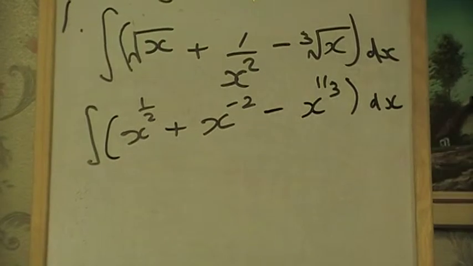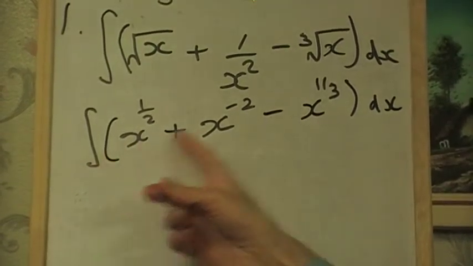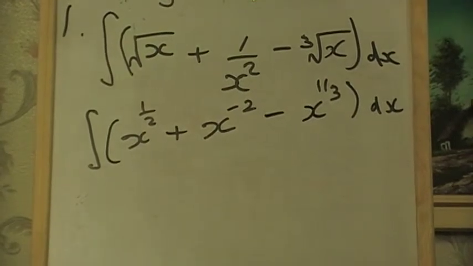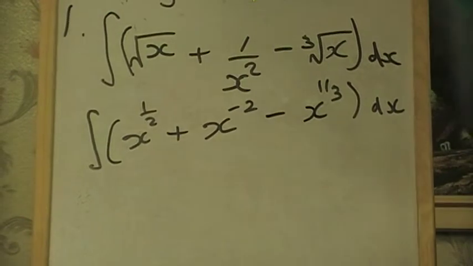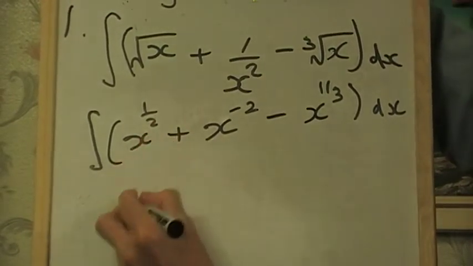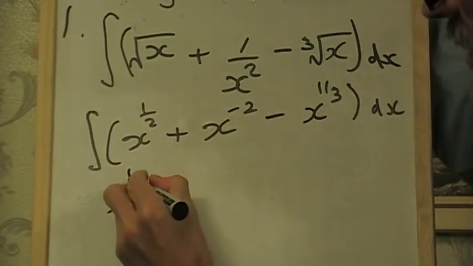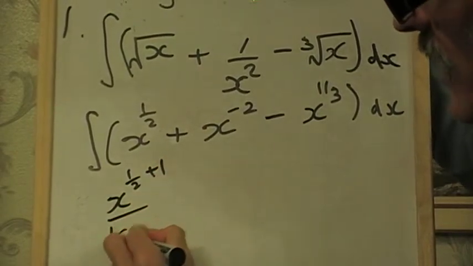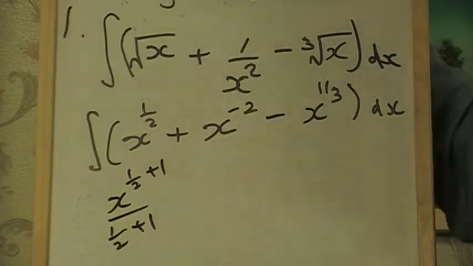We now have terms under the integral sign which we can integrate using the formula that we did in previous videos. What we do, as you remember, is we add 1 to the index, so that's x to the half plus 1 over a half plus 1.